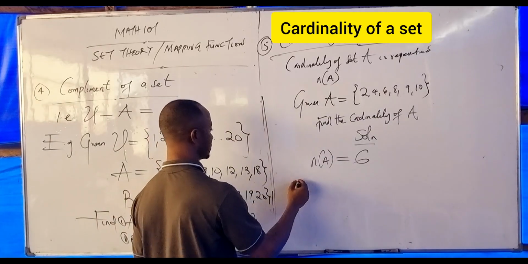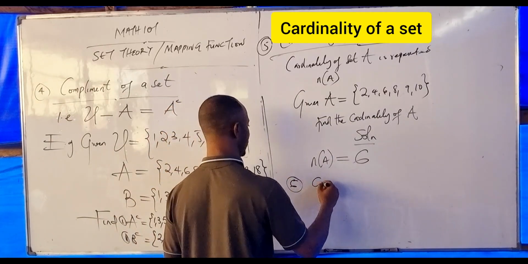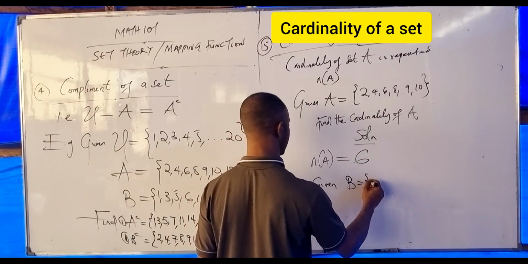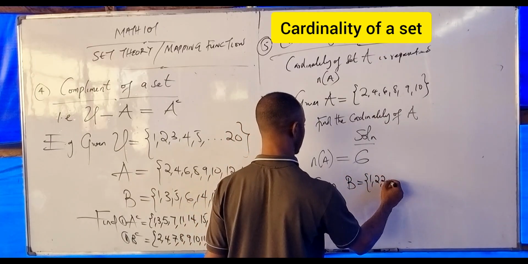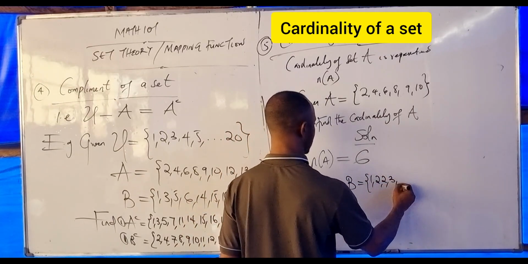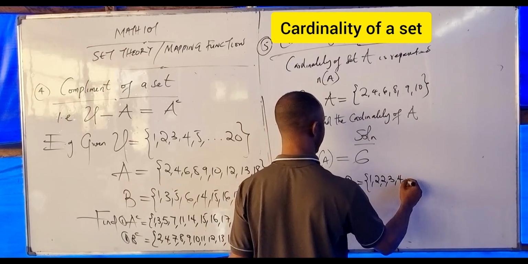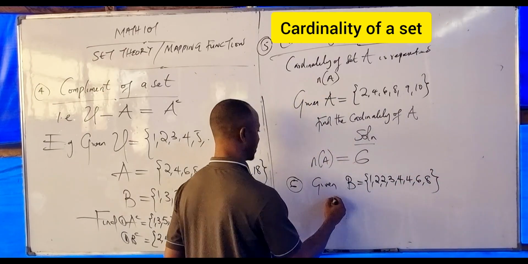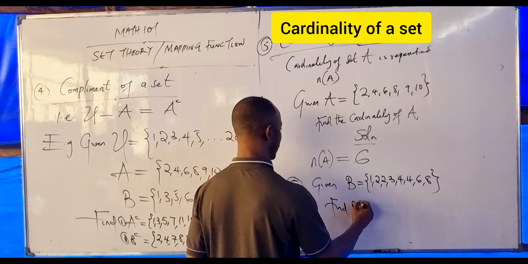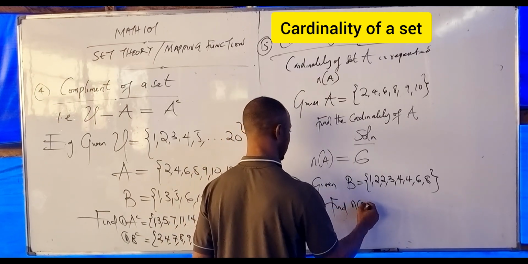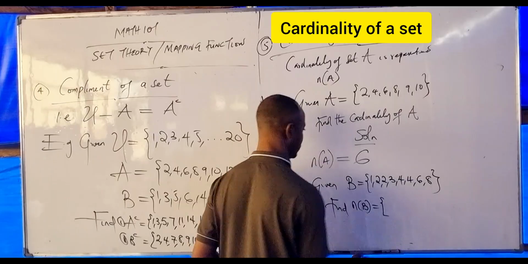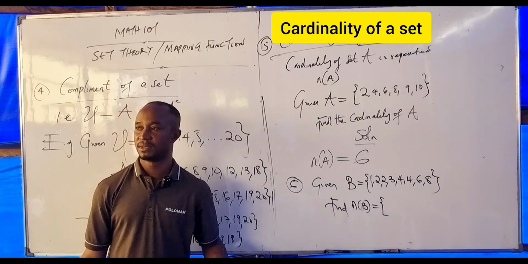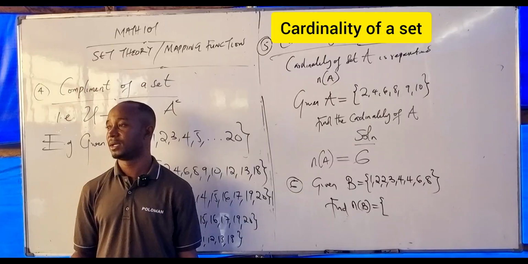Okay. What if we are given this? Number 6. If we are given that set B equals 1, 2, 2, 3, 4, 4, 6, and 8. And we have to find the number of elements in what? In B. What's the answer here? 8.